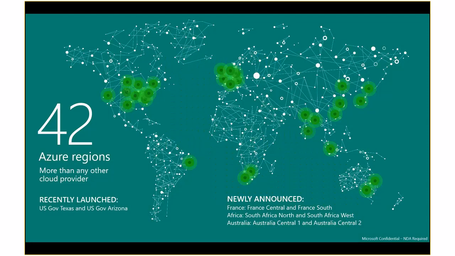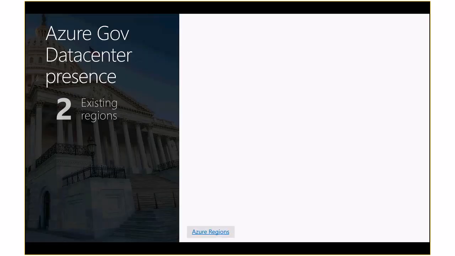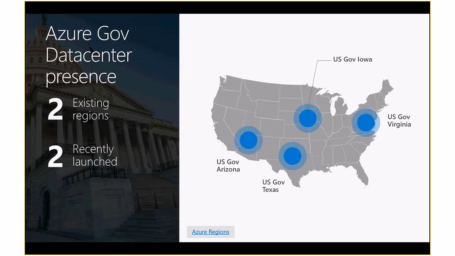So we're up to 42 Azure regions across the world. You can see we recently launched a couple data centers down in Australia, down in South Africa, and even for our public sector customers here. We had two existing regions for Azure Government, which is an isolated environment for our government customers, which meets different compliance standards like CJIS, IRS 1075, FedRAMP High.